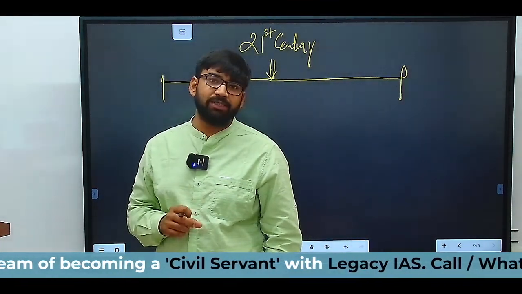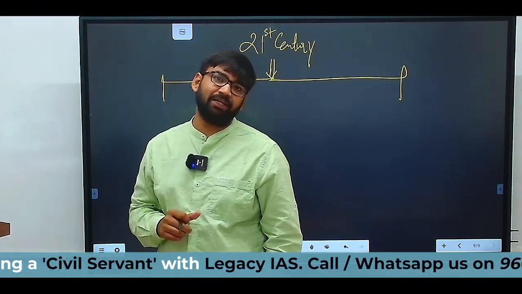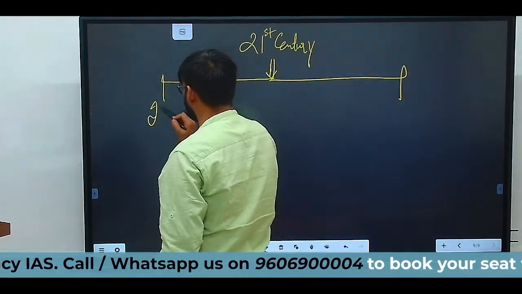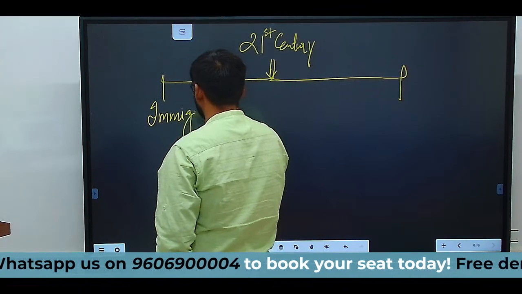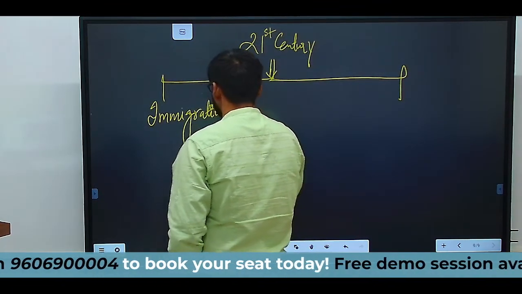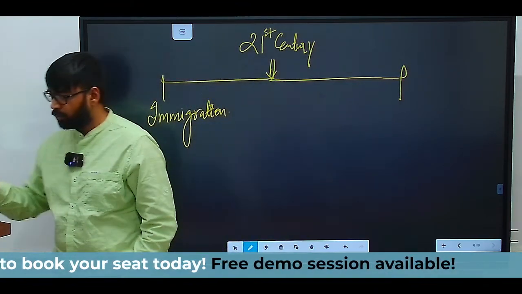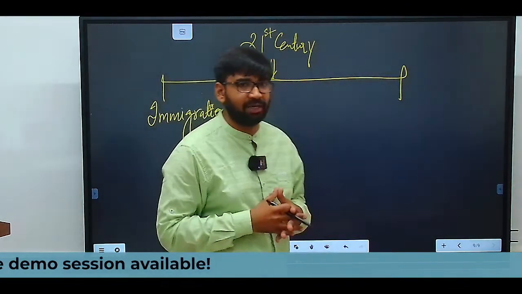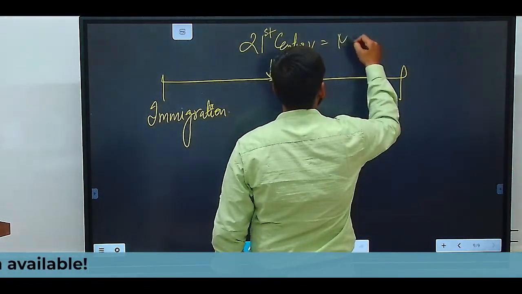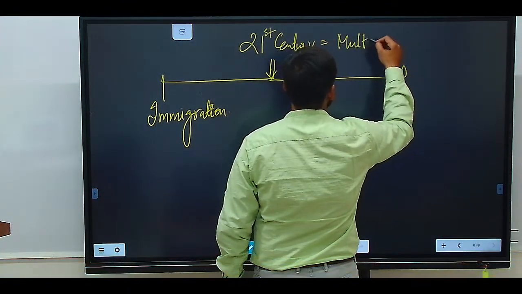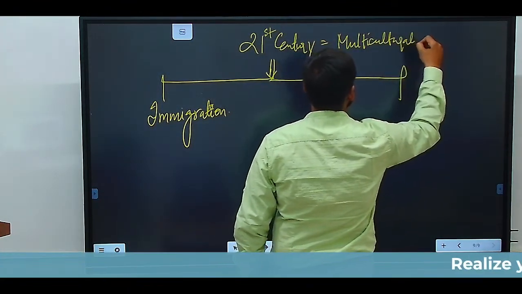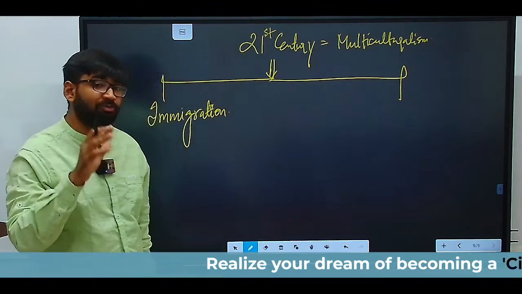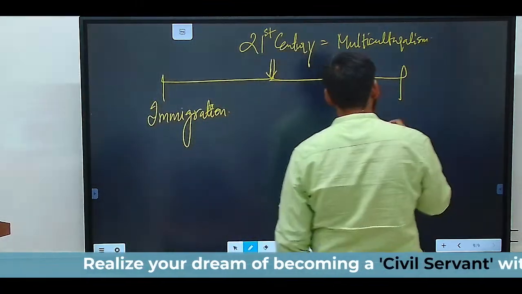Another important thing is the rights of immigrants, because today immigration has started. So two important issues: immigration, because immigrants should also get rights, and multicultural perspectives. This century is a century of multiculturalism, and in multiculturalism, immigration and rights of minorities are important.